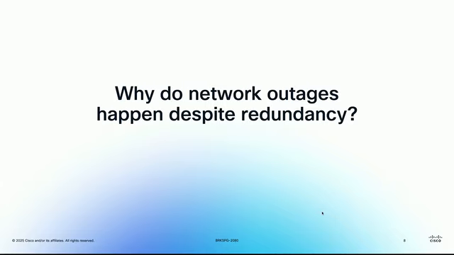All right. Why is it then, despite multiple layers of redundancy, that network outages still happen? That's because redundancy works very well when components fail, when they fail hard and fast. Okay? But when components simply malfunction or misbehave, the consequences can be devastating despite redundancy. Okay?